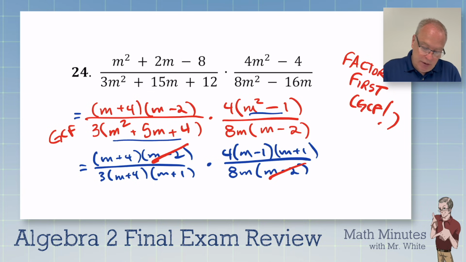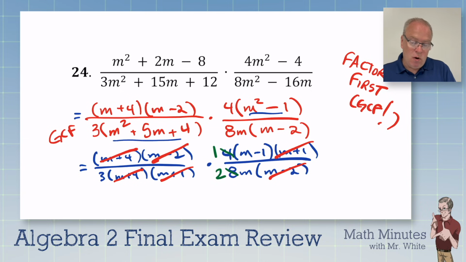All right, so I've canceled that with that. I've canceled that with that. Is there anything else that can cancel? Well, I see another one. M plus 4s, right? You're probably screaming at your computer right there, or your phone. Anything else? There is one more thing. This 4 and this 8 simplify to be a half.